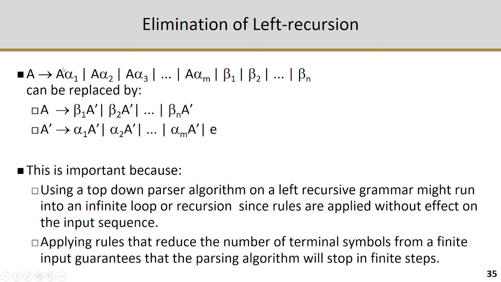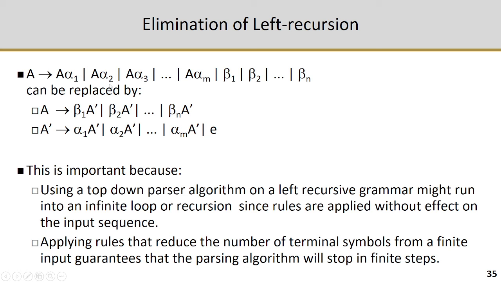So, for example, we have left recursive rules like here, where A calls A and A and A, and meanwhile alpha 1, alpha 2, and alpha 3 can be repeated.